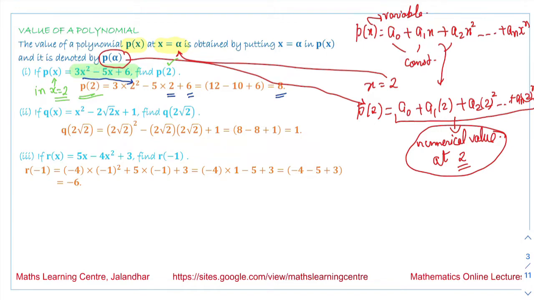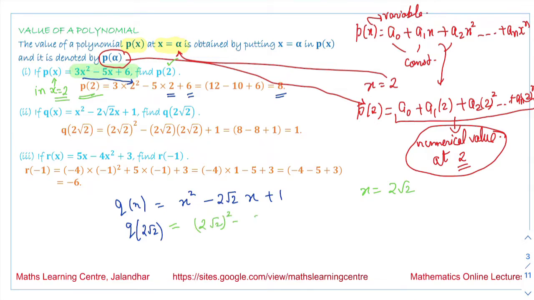Next is q(x) is equal to x² - 2√2x + 1. What is the value of q at 2√2? Basically we have to put x is equal to 2√2. So the answer will become (2√2)² - 2√2 into 2√2 + 1.